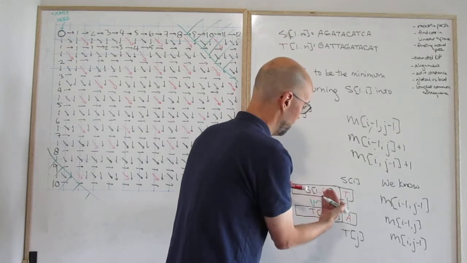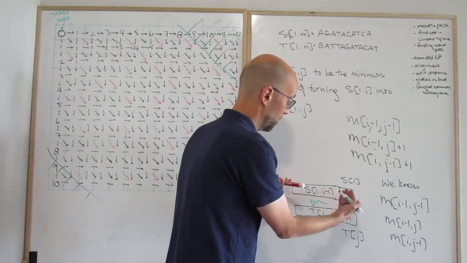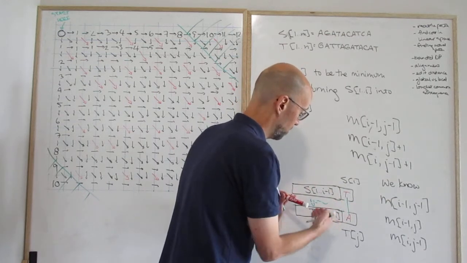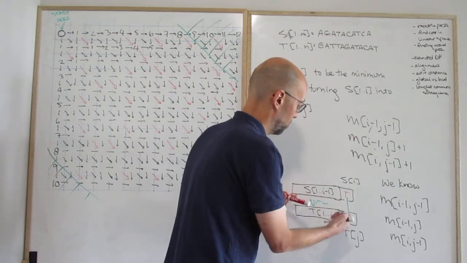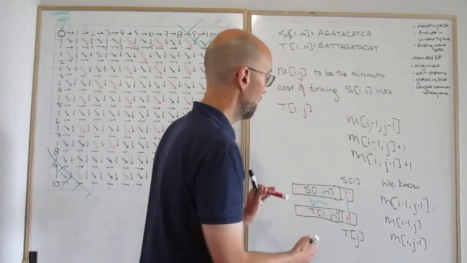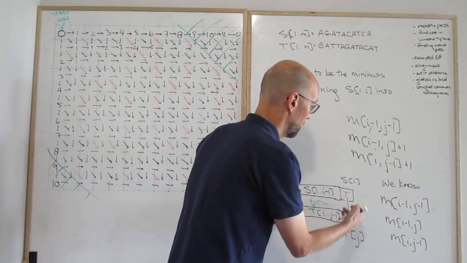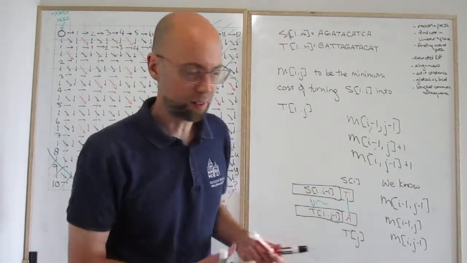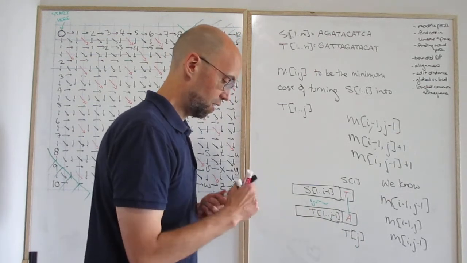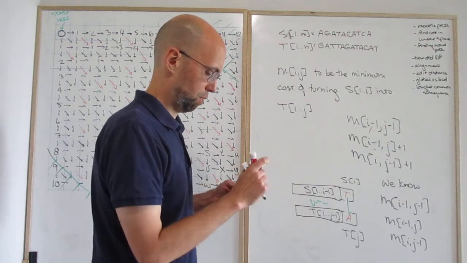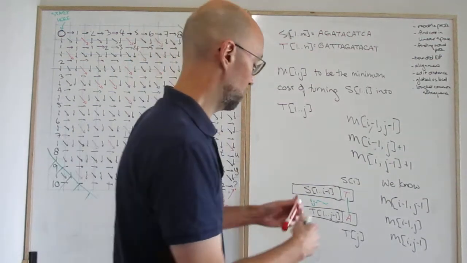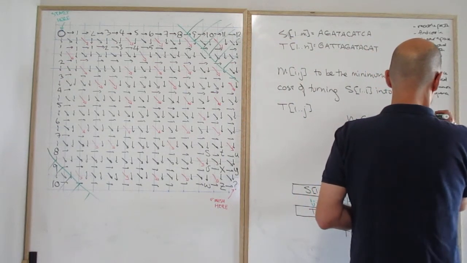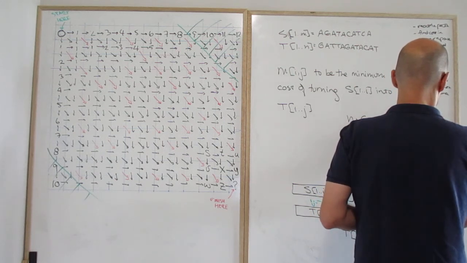Then it's the cost of aligning S1 to S(i-1) to T1 to T(j-1), plus the 1 for turning A into T, or I forget which way we're going, turning T into A or A into T. Okay? So it's actually going to be plus 1 if Si is not equal to Tj.